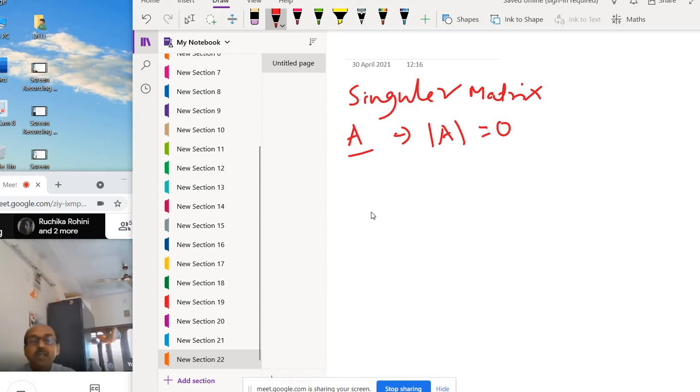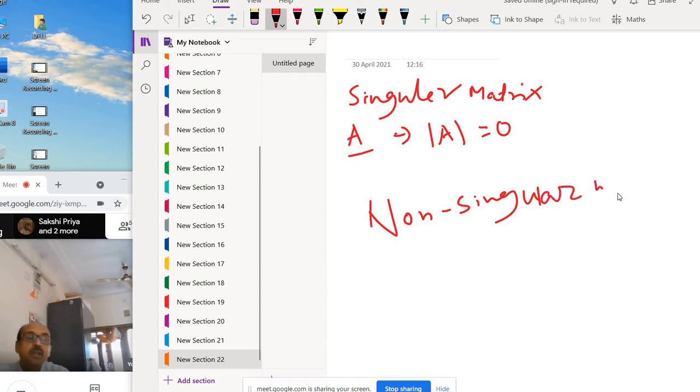Then the non-singular matrix. If the determinant value is not 0, then it is non-singular.